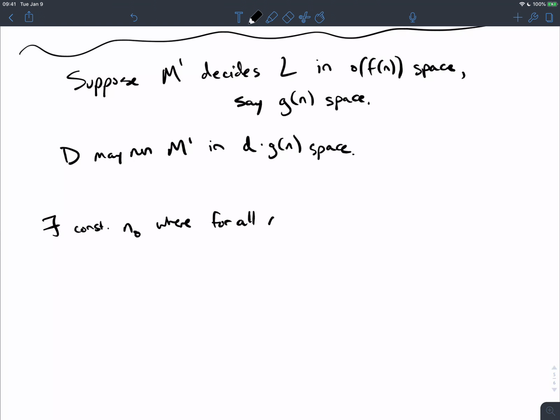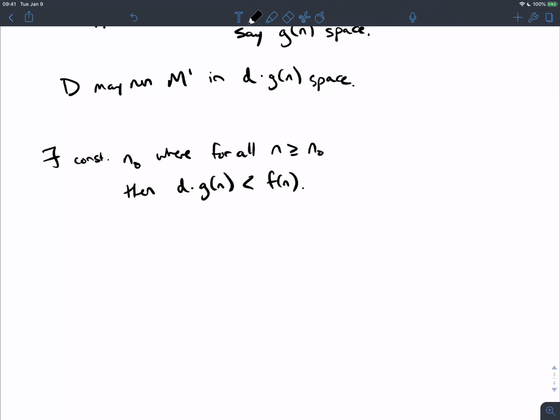So for all n at least n0, the amount of space that D needed to run M is strictly less than f of n. But consider this input: M prime followed by 1, then a number of zeros being n0.